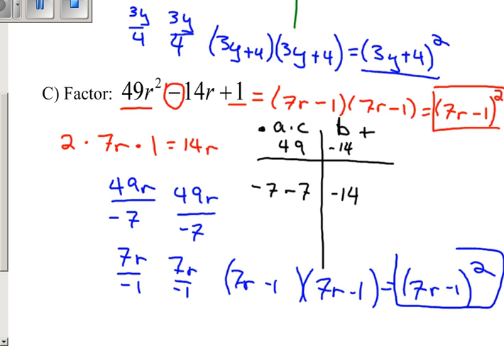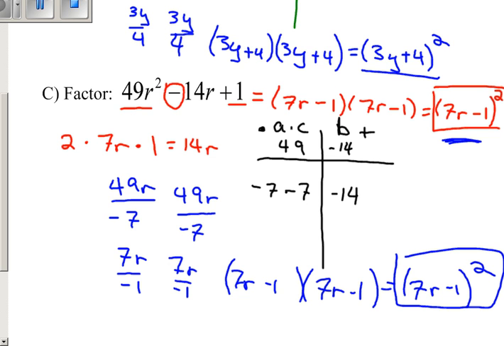Again, the same answer I got up here because I'm solving the same problem just in a different way. I can do it either by perfect square trinomial or by California method. I think the perfect square trinomial is easier if you can recognize that they're perfect squares and it fits the pattern.